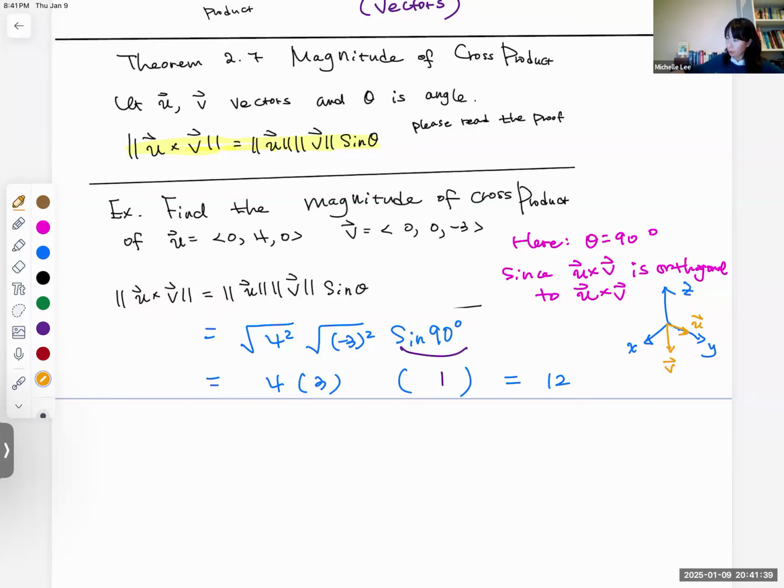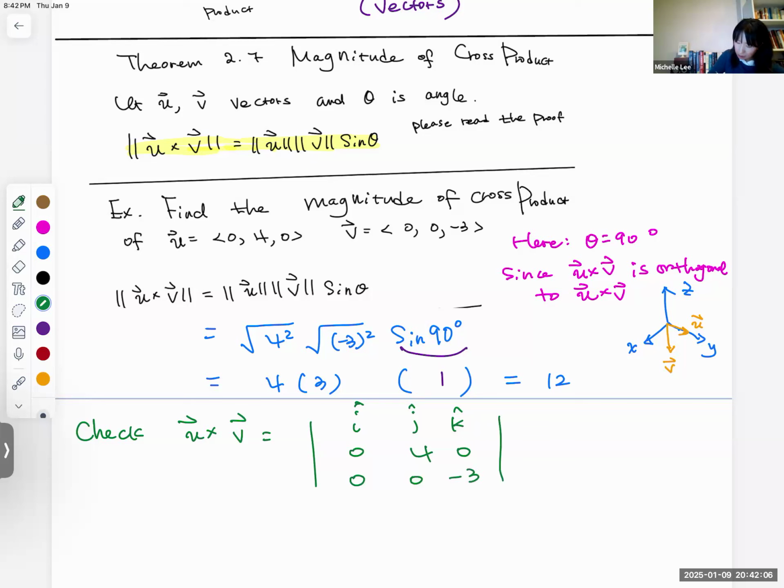Maybe just for fun, we want to find out U cross V. Just check, right? U cross V, I, J, K. Just know what's going on. So U is 0, 4, 0 and V is 0, 0, negative 3.